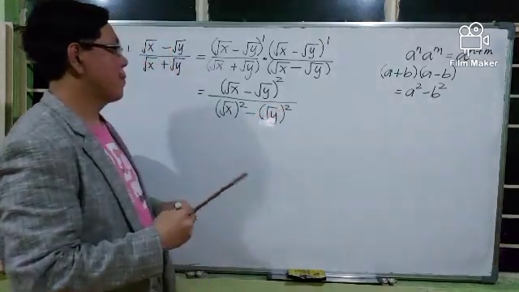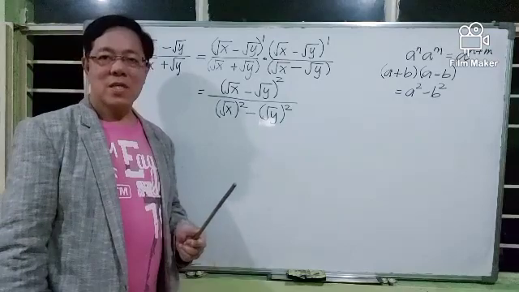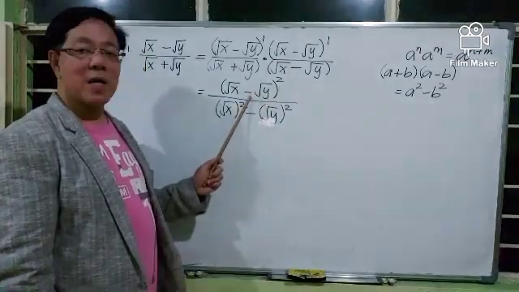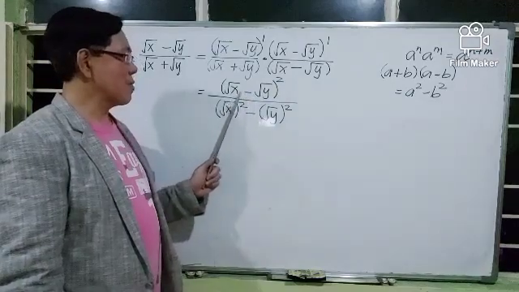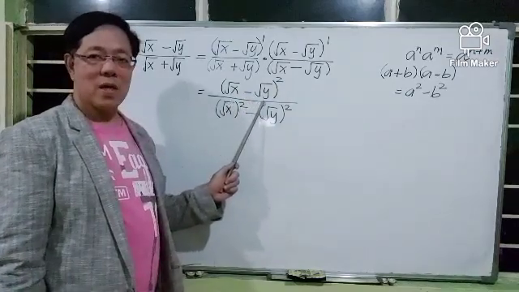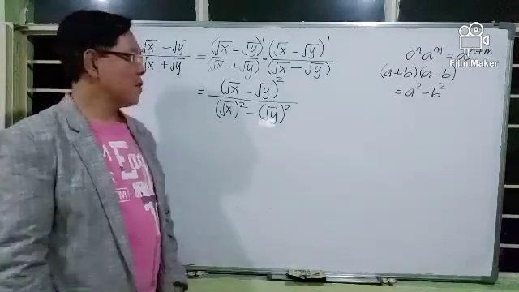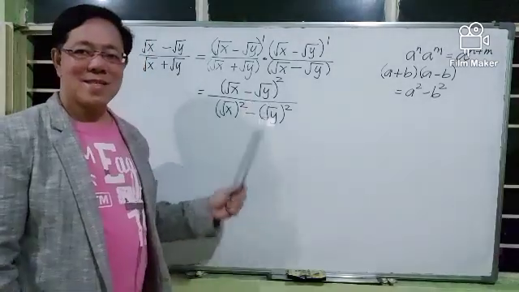We simplify further. To get the square of this binomial, the difference of square root of x and square root of y, we apply another special product rule for the square of the difference.